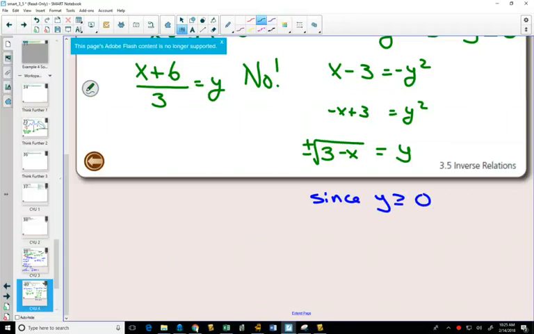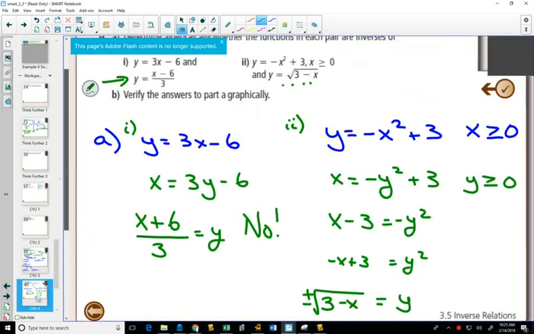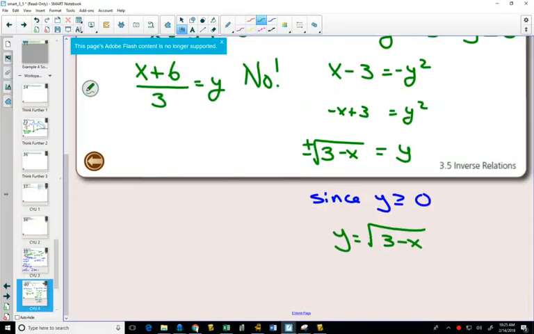And since my y values are bigger than or equal to 0, which one am I going to take? The positive one or the negative one? The positive one. Does that match up with the one they gave us? Yes.